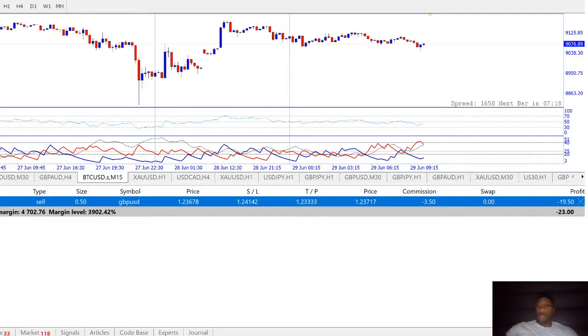Versus someone who takes a signal and puts a big position size for their account, and then they're in drawdown, and then the account could potentially get stopped out, and they lose a greater percentage of the account. So in risk management, you gotta look at things on a percentage basis. How much are you willing to risk percentage-wise for your account if you're wrong?